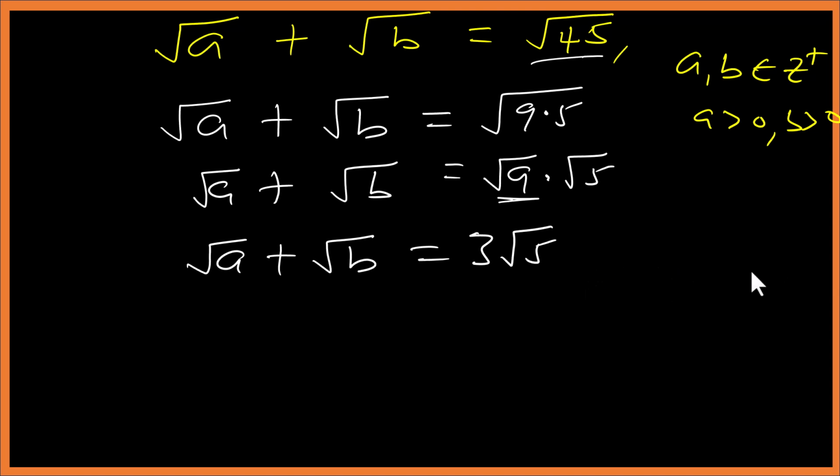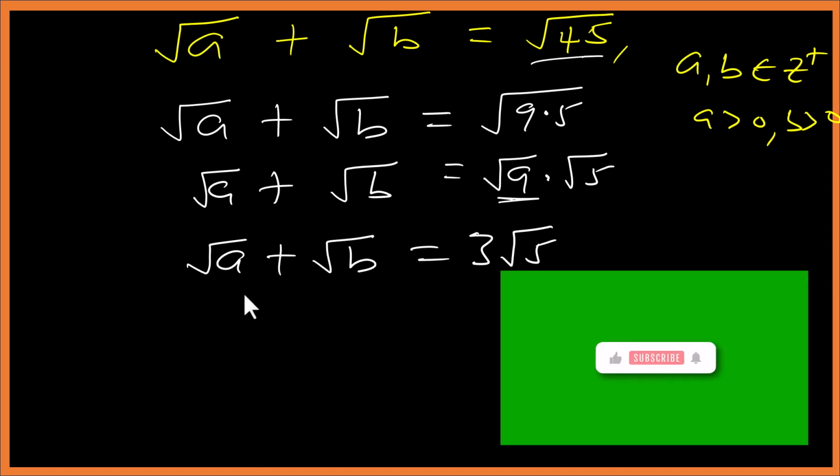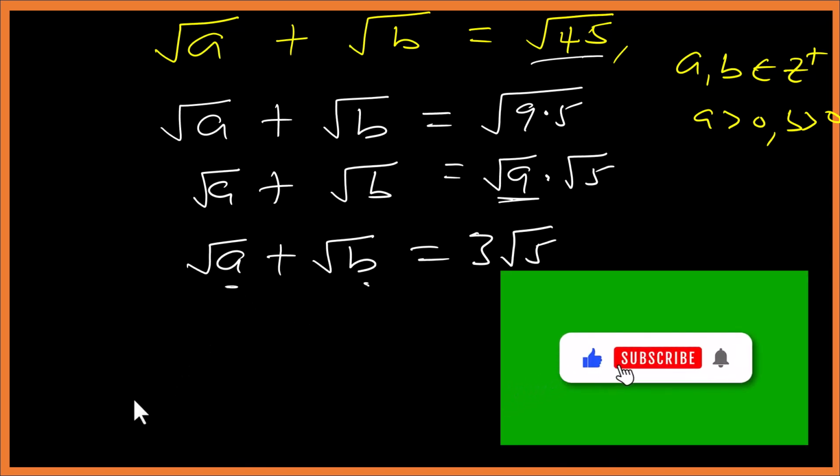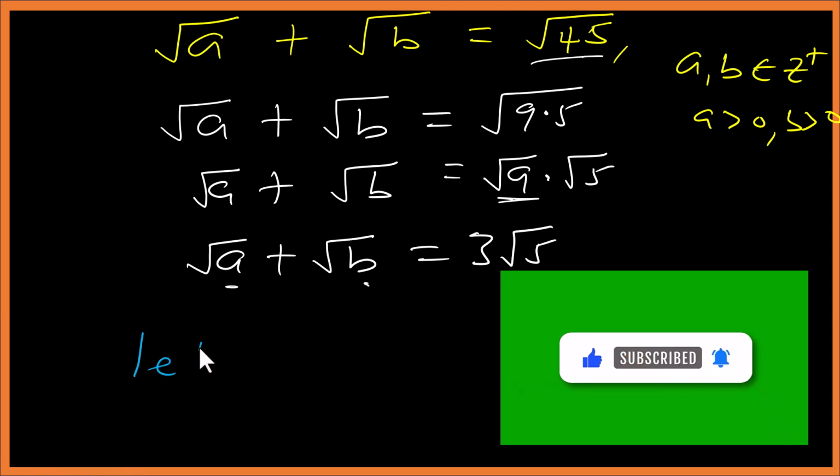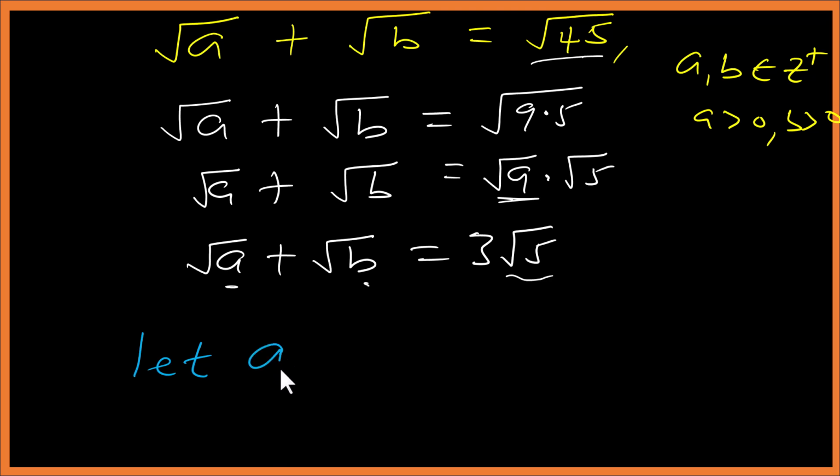Now, because of this 5 here, let's adjust a and b. Okay, so what we are going to do here is let a be 5 times a variable squared, so we have that, and b will be the same, 5 times another variable squared.